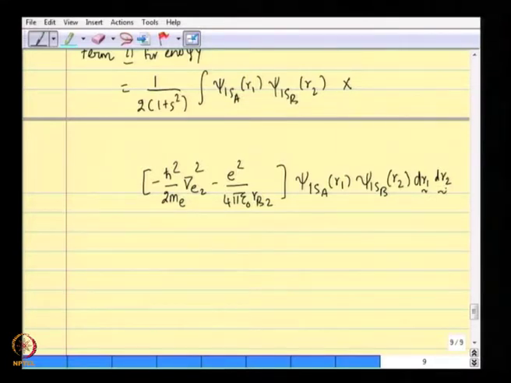Okay. Again, this is exactly the same as the previous term, except for this being on the electron 2.